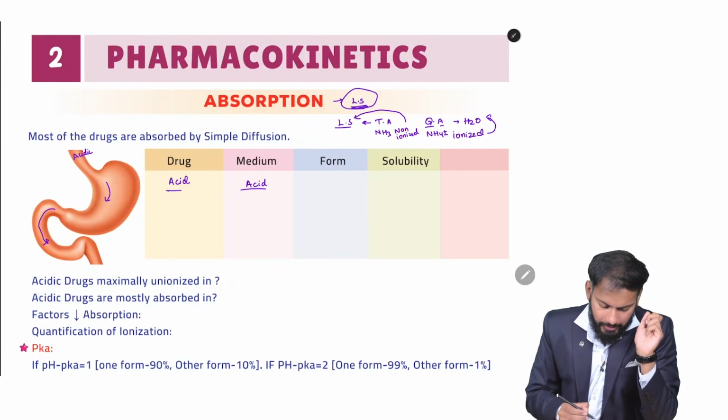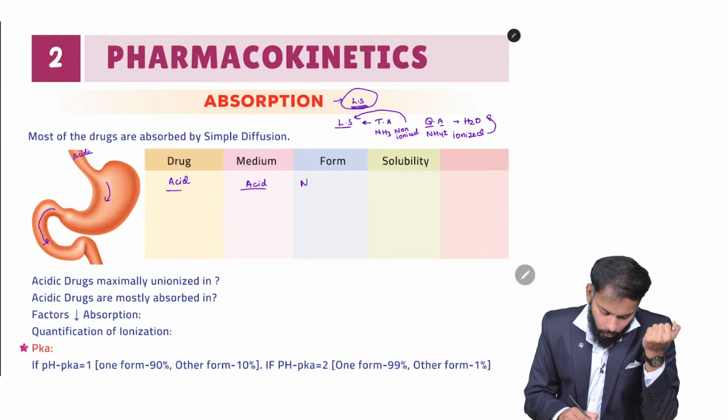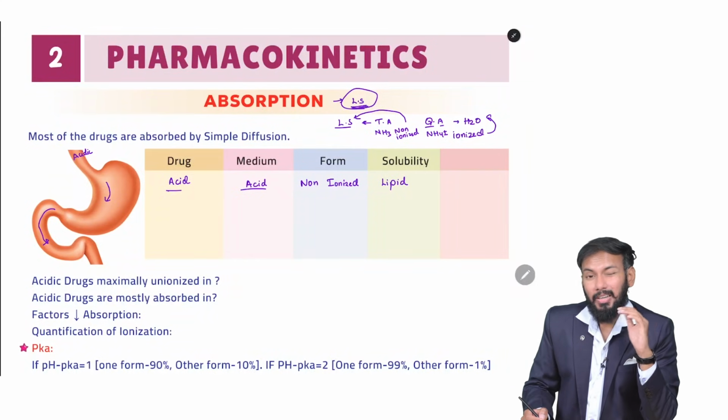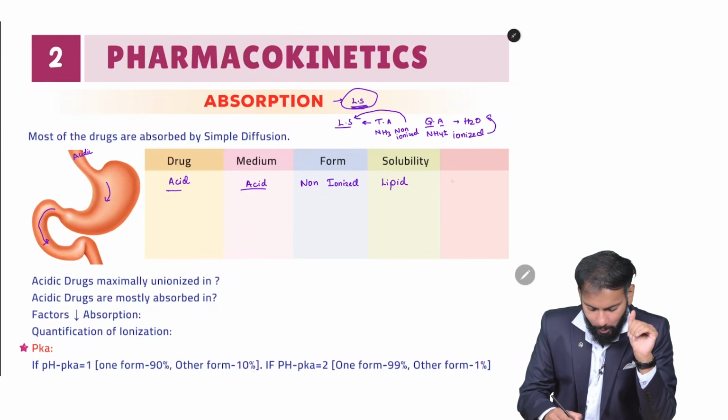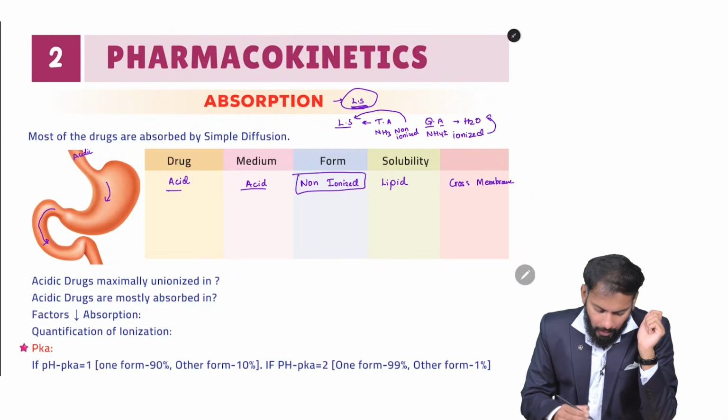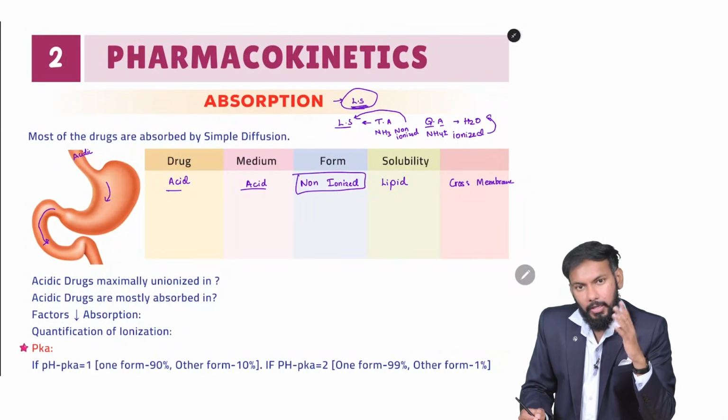So, acid and acid, there will be no reaction. So, it will be in non-ionized form. I told you non-ionized form is lipid soluble. So, lipid soluble drug can cross the membrane and be absorbed. This is what I want you to understand. If the drug has to cross the membrane, it has to be in non-ionized form.